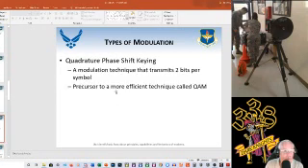The next one is quadrature. What does it mean? It's going to shift that in 4 different places on that AC signal. Again, in this case, you're either going to have a 0, 0, a 0, 1, or a 1, 0, or a 1, 1.